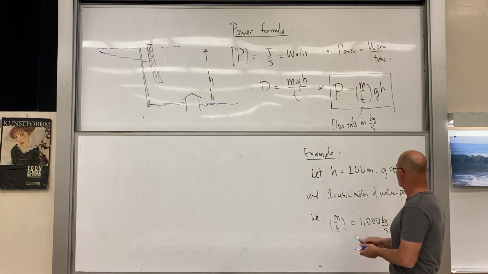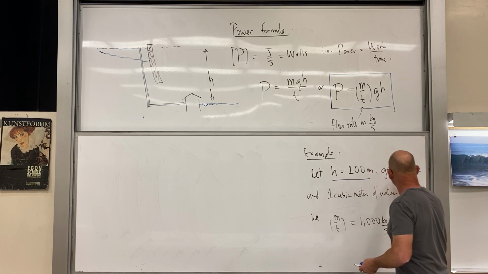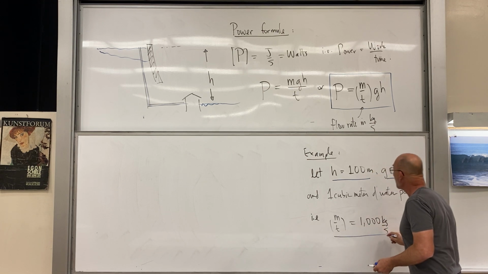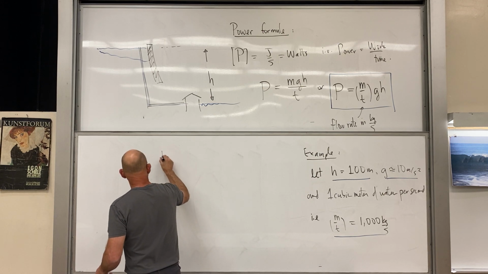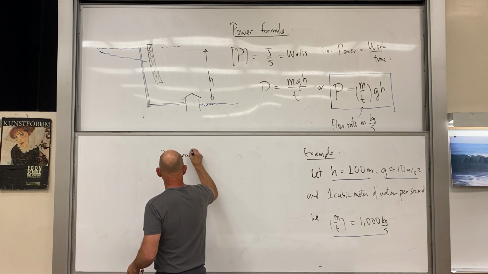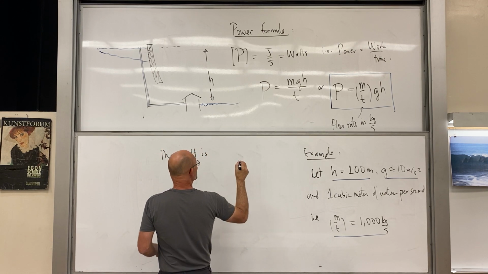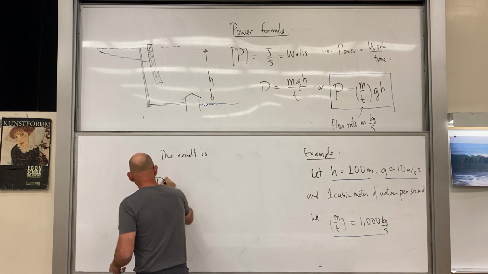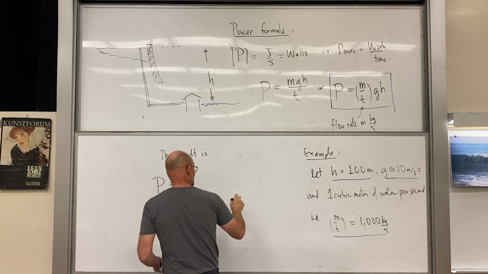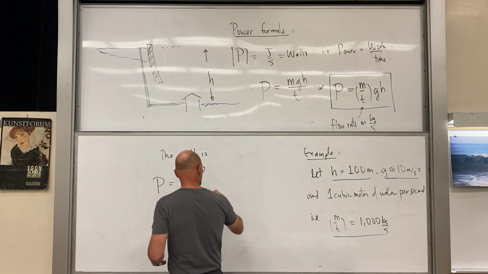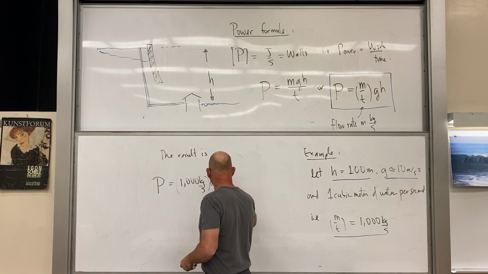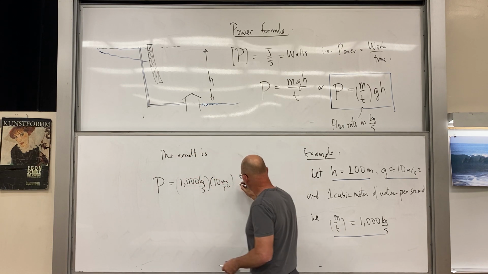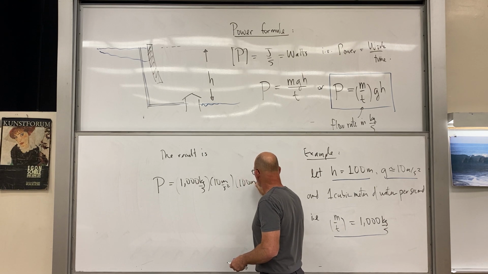So what do we have? These three quantities, and we'll just put them together. The resulting power is P equals, and I'm just using that formula there, so it's 1,000 kilograms per second, 10 meters per second squared, that's g, and 100 meters.